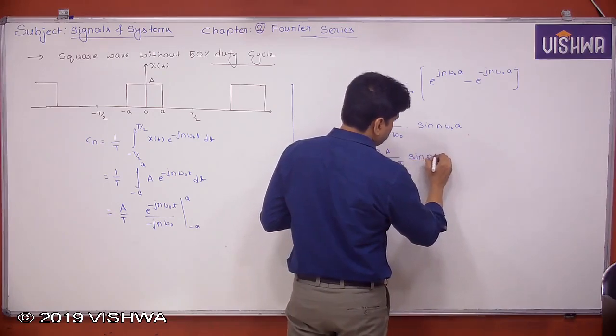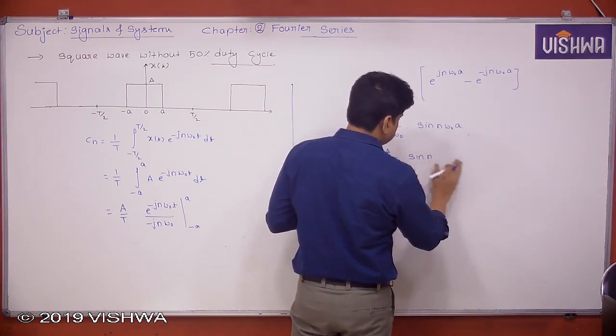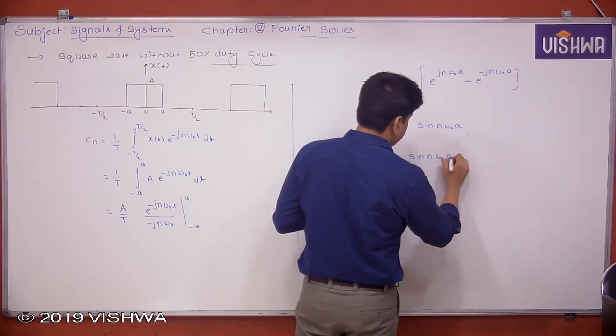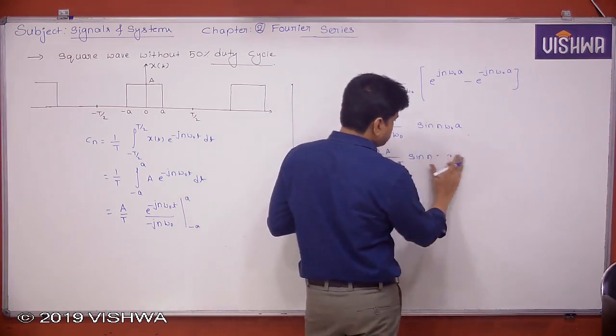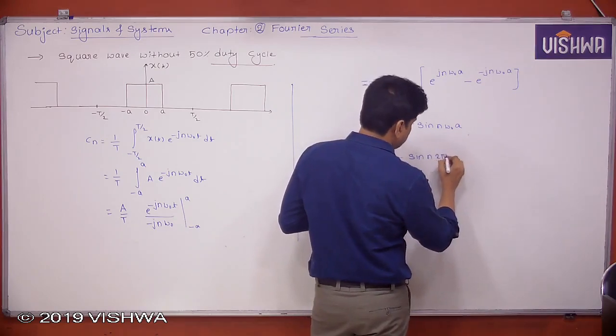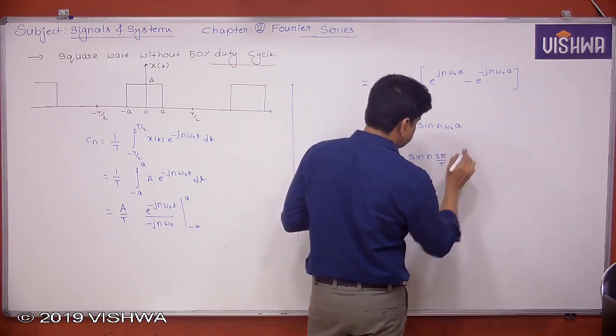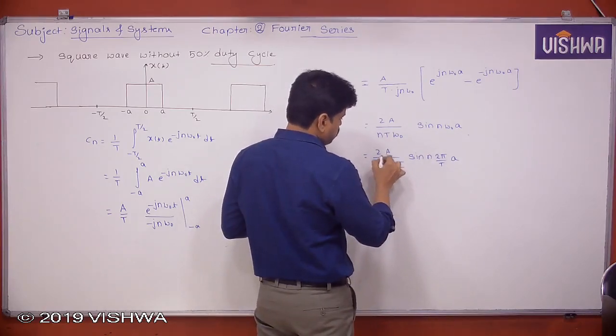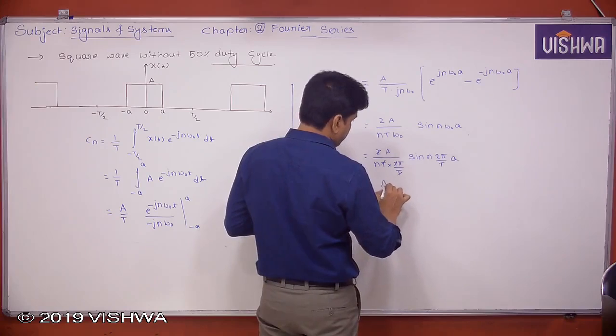Sine n omega naught a, where omega naught is 2 pi by T. Next T gets cancelled, 2 gets cancelled, A by n pi.